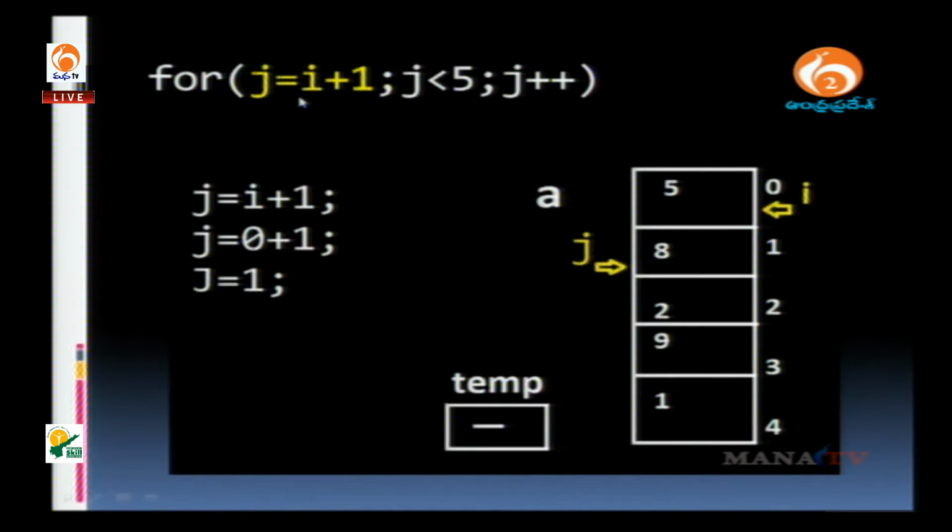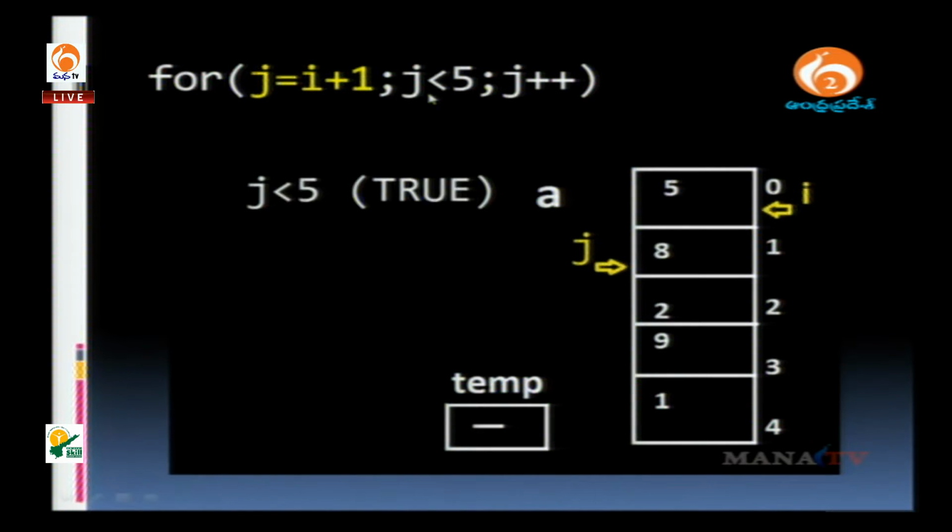Next, control comes to j less than 5. Here j means 1, and 1 less than 5, which is true; the condition becomes true.